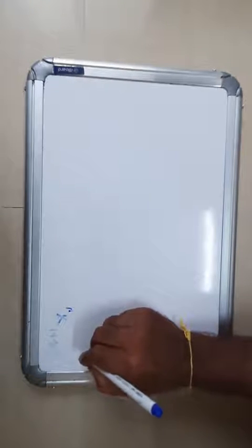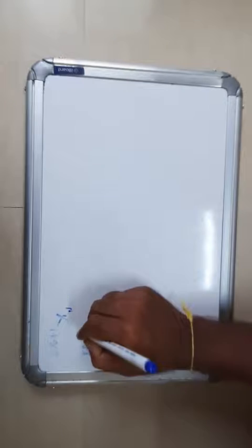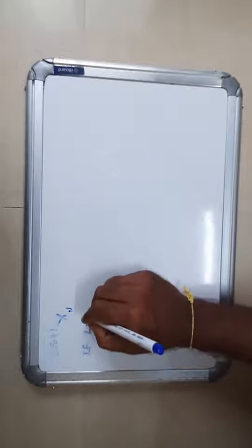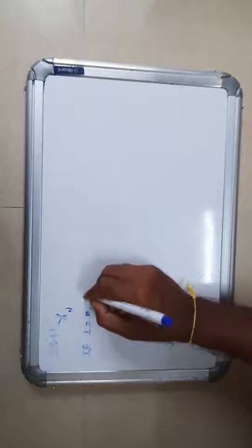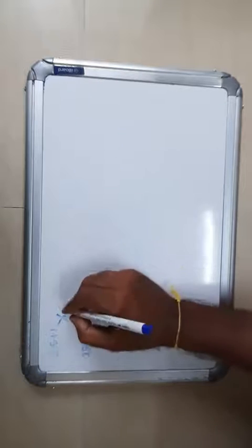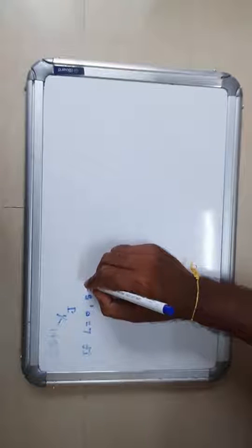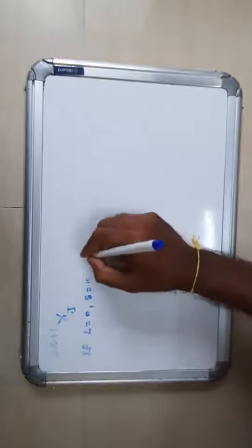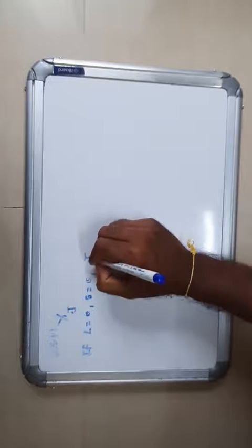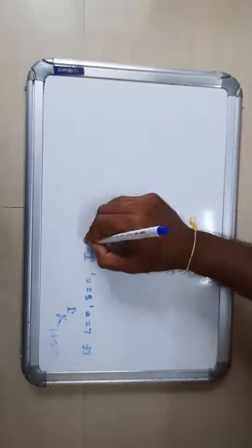Here we discuss some examples. If L is equal to 0 and S is equal to 0, then J is equal to L plus S, that means 0.